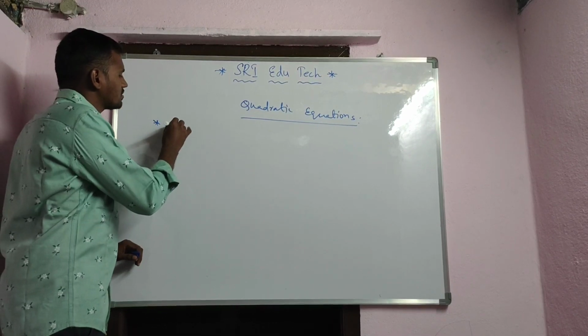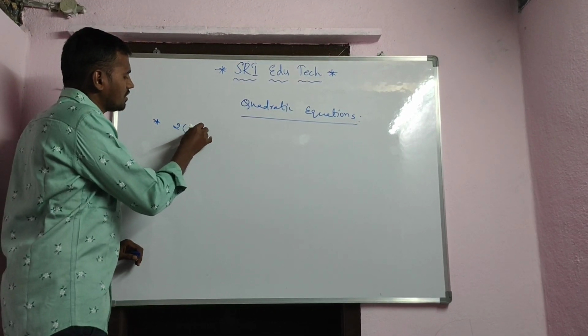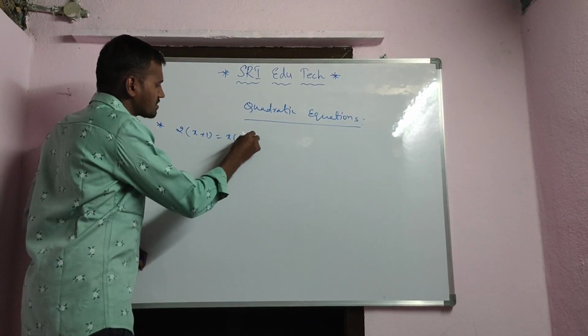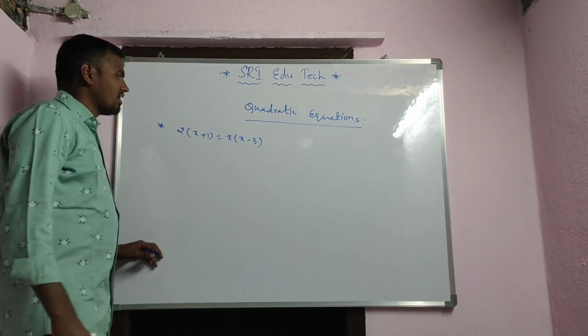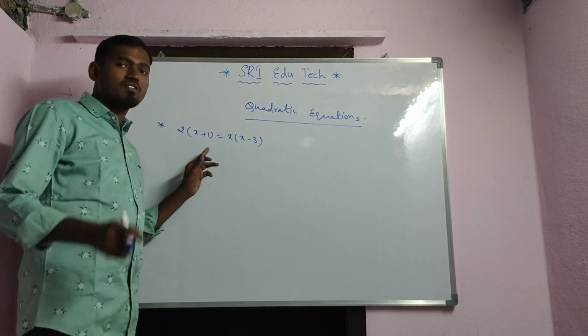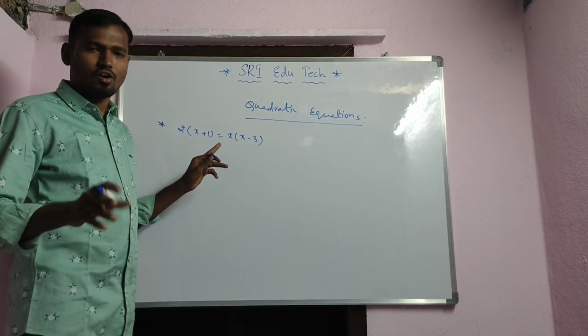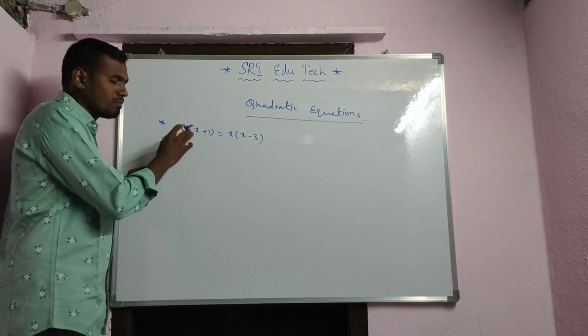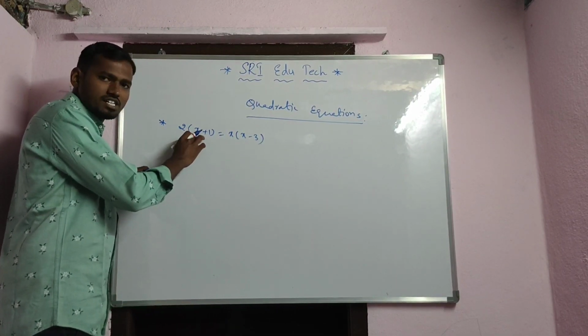Suppose 2(x + 1) = x(x − 3). Let us check whether it is a quadratic equation or not. First of all we have to multiply the term into the bracket.